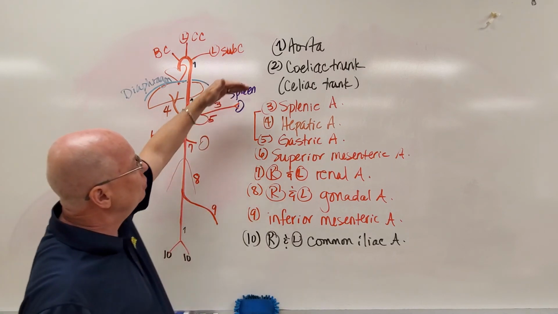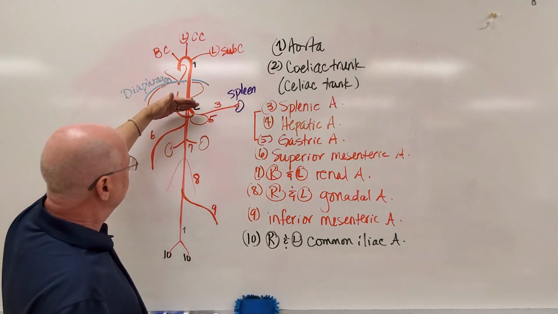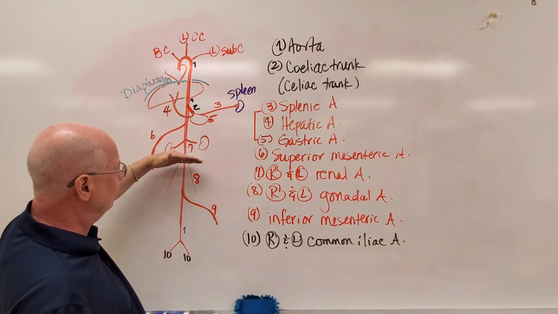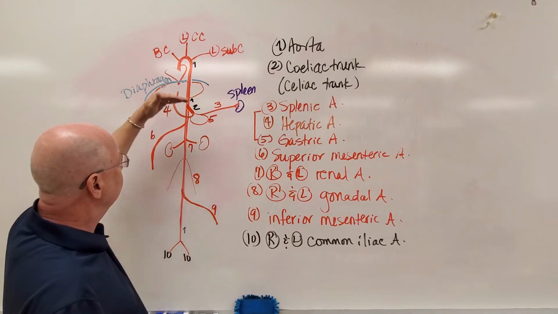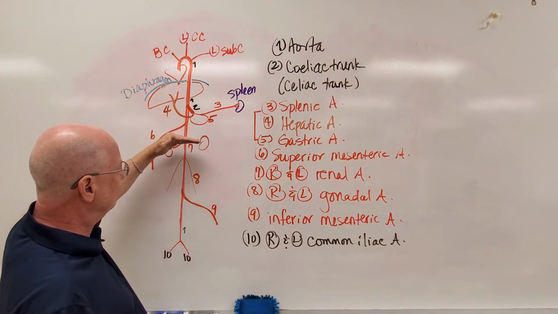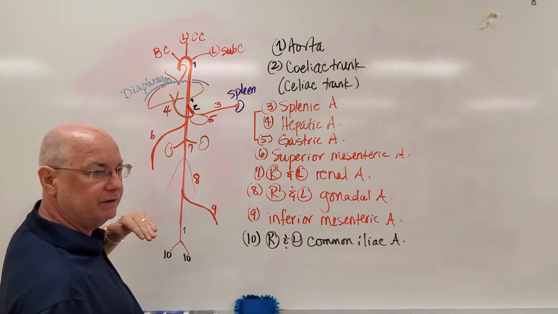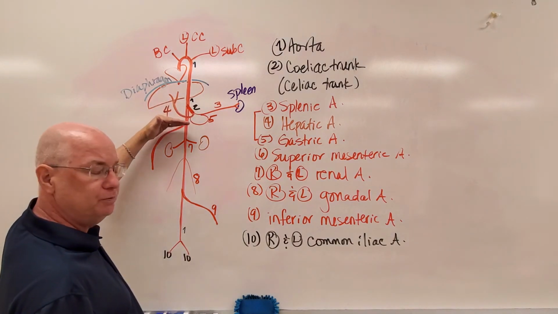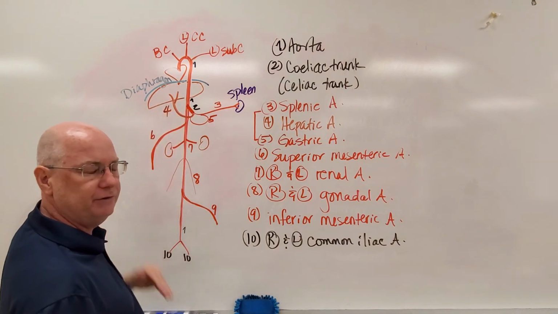They really go in this order: celiac trunk, superior mesenteric, renals, gonadals, inferior mesenteric.